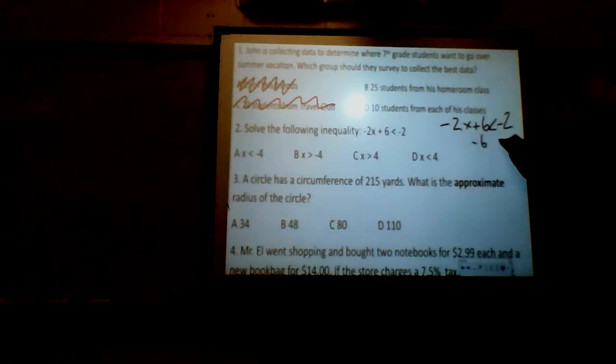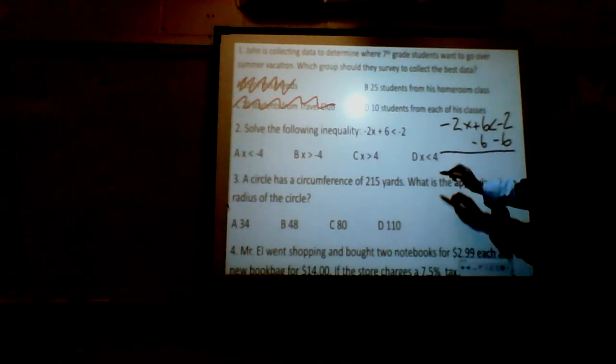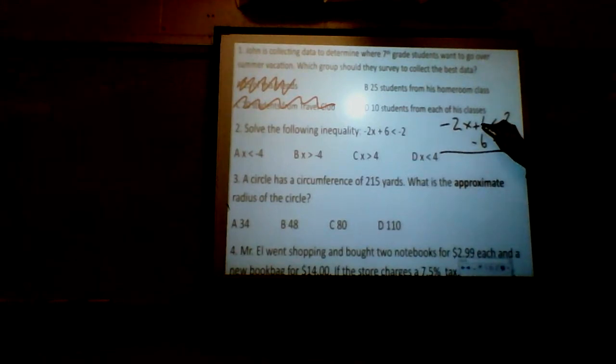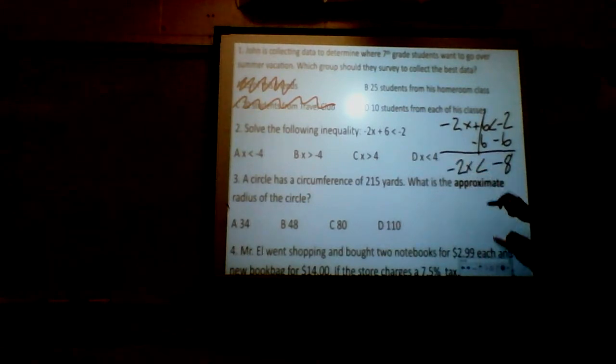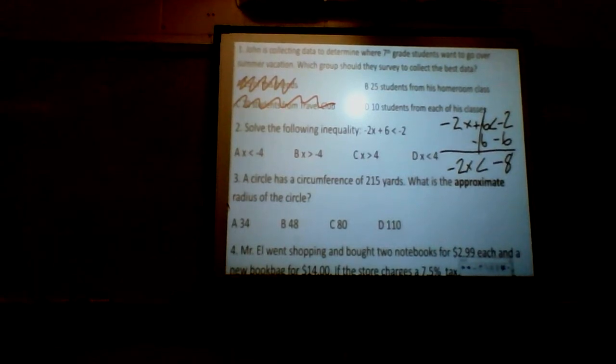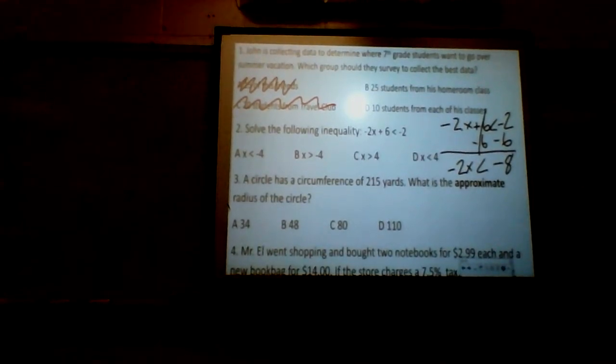Step 1, we're going to take 6 away from both sides. Positive 6 minus 6 cancels out. On your calculator, you need to do negative 2 minus 6. Gives you negative 8. So we have negative 2x is less than negative 8. This is a 2-step equation. Why? Because it takes 2 steps to solve. We did step 1 by taking 6 away.